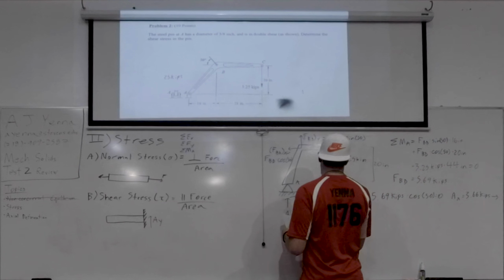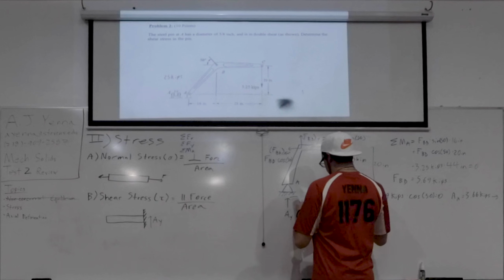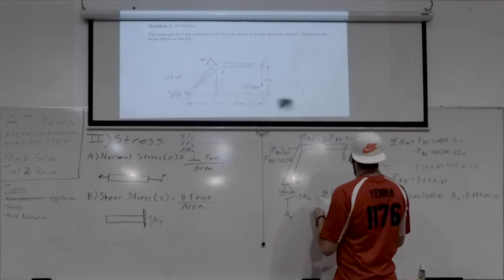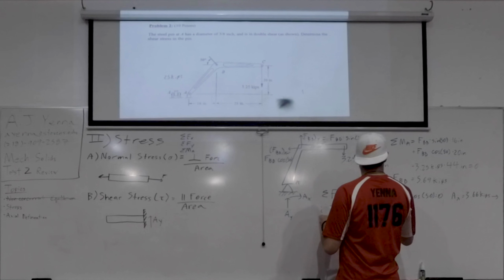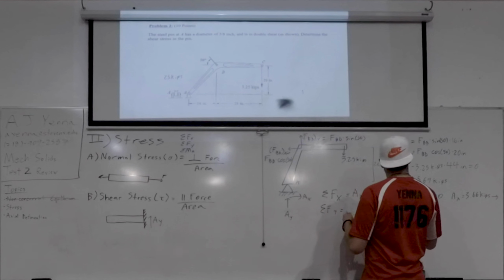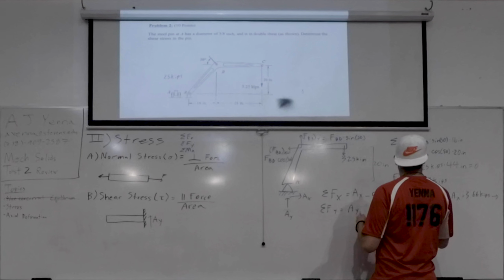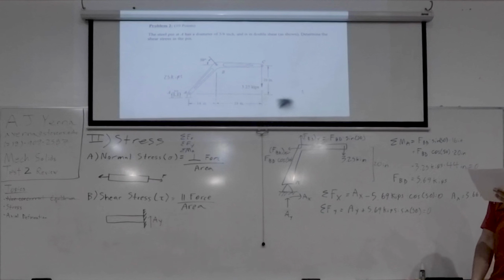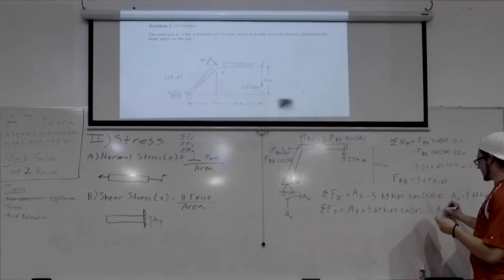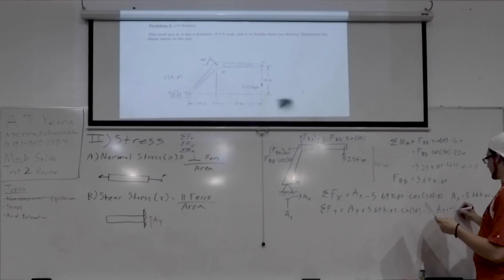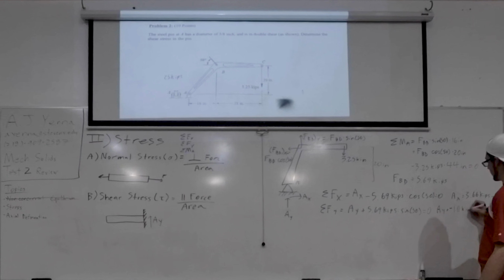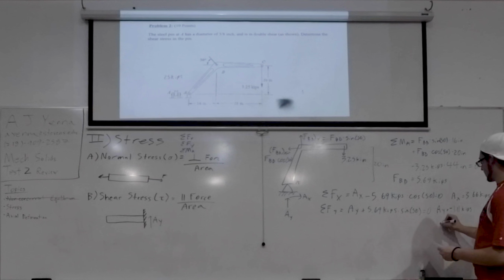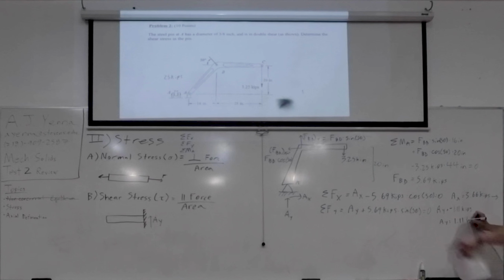And summation Fy is AY plus 5.69 kips times sine of 50 this time, gives you AY equals negative 1.11 kips, which is the same thing as 1.11 kips in the downward direction because I assumed it up when I solved my problem.